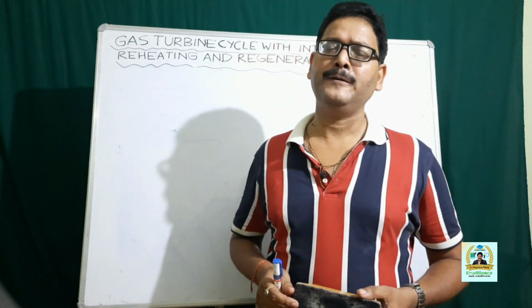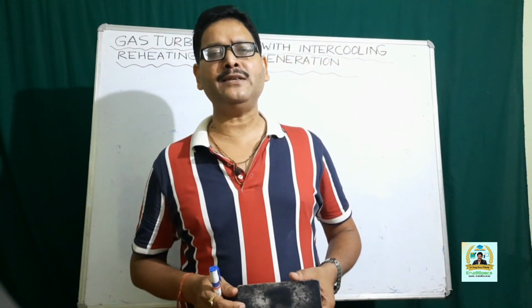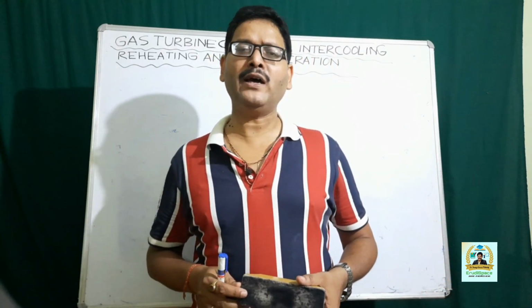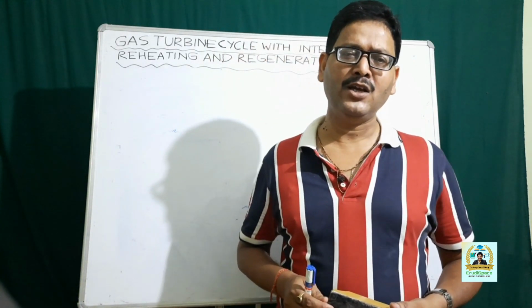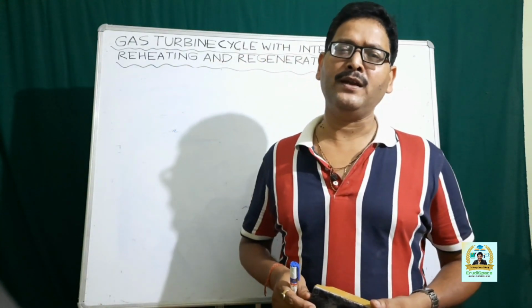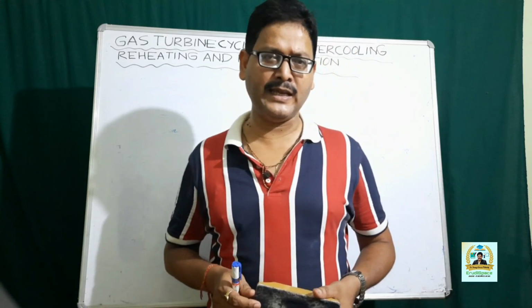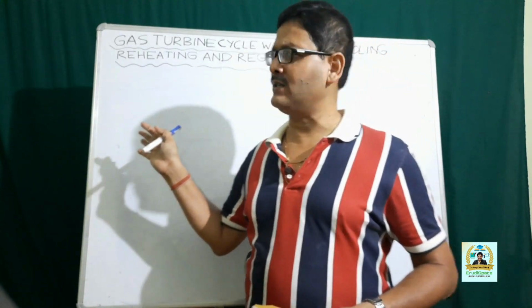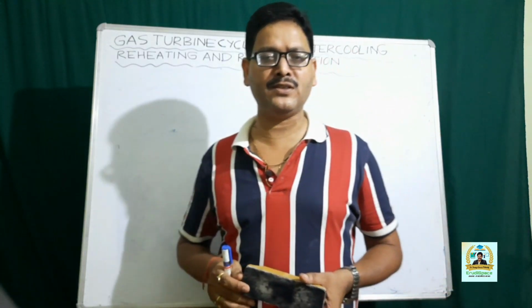In fact, the intercooler and the reheater help in improving the work output of the cycle, whereas the regenerator helps in improving the efficiency of the cycle. All these three components are an integral part of the cycle which we are going to discuss today.